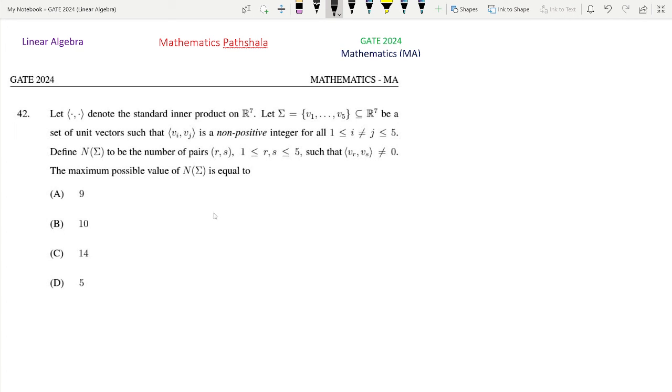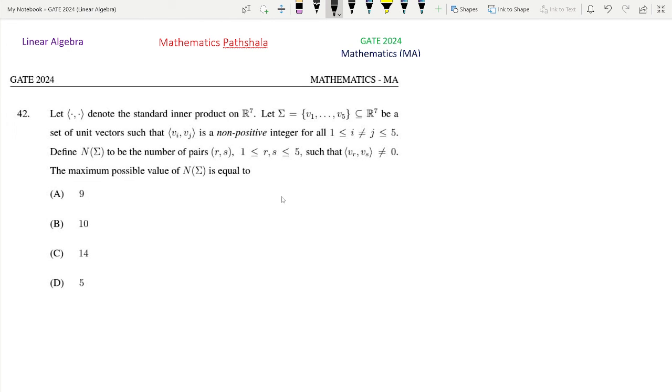We construct such V1, V2, V3, V4, V5 in R7 and verify that all inner products Vi Vj are non-positive integers, and that for inner product Vi Vj not equal to 0, n sigma can have 15 elements, and that is the exact maximum possible value, because more than 15 cannot happen.